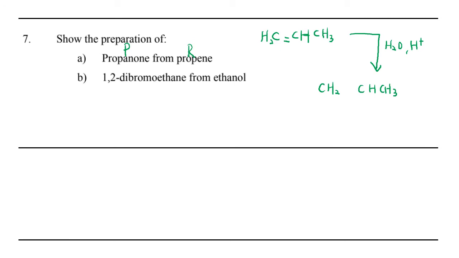Break the double bond, form 2 new single bonds. Let's say these are the 2 new single bonds. The electrophile, in this case the hydrogen part, will attach to the carbon with more hydrogen, and the second new bond is bonded to OH, to produce a secondary alcohol.